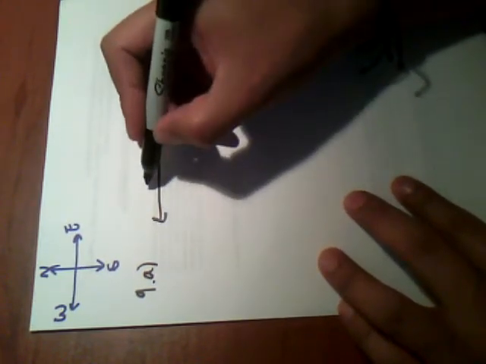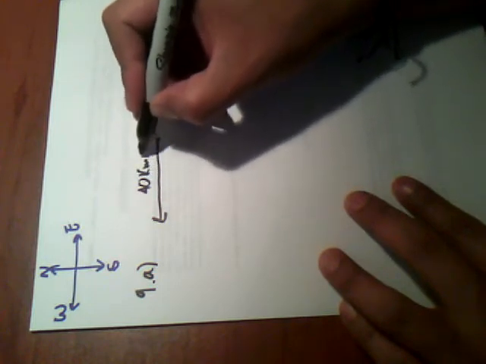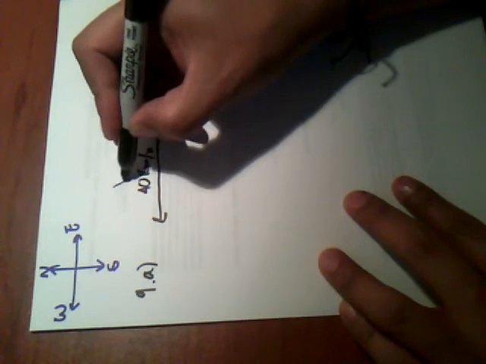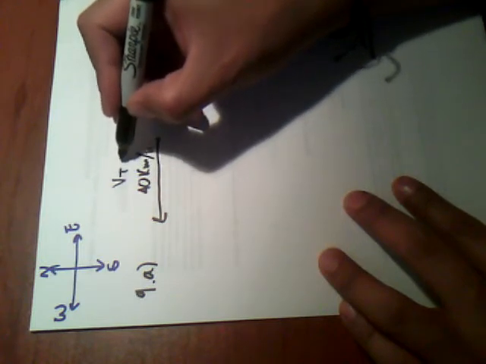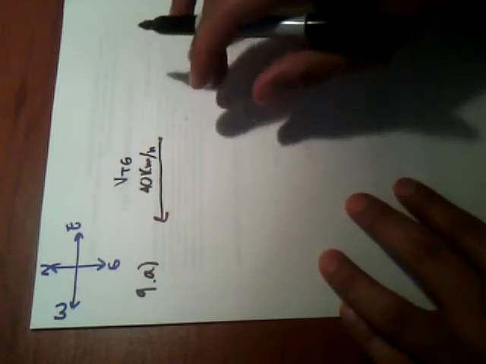This is the velocity, and it's 40 kilometers per hour. This is the velocity of the truck relative to the ground. Again, in the problem they don't say relative to the ground. Actually they say nothing, but we can assume that when they say nothing it's because it's relative to the ground.